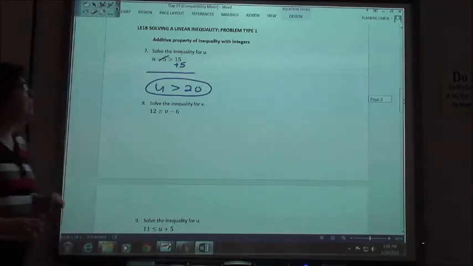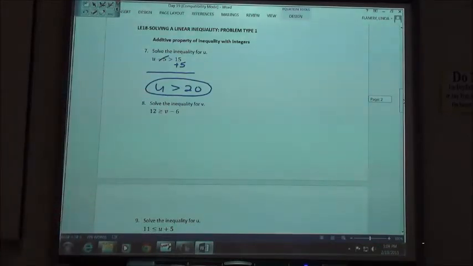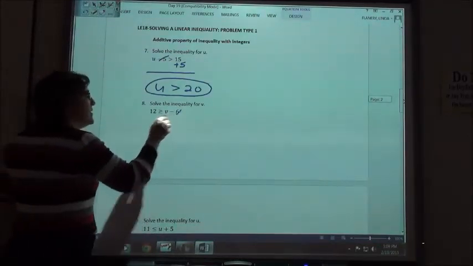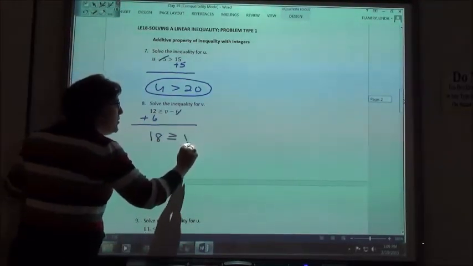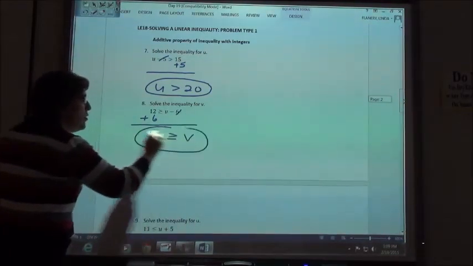So number 8, if I'm going to solve that for V, I would add the 6. And I would get 18 is greater than or equal to V. And just leave it in that order.